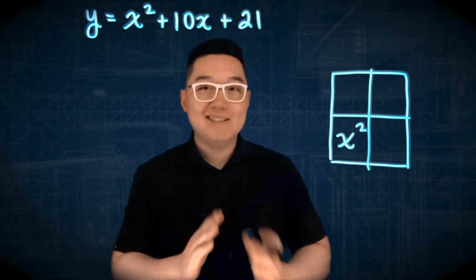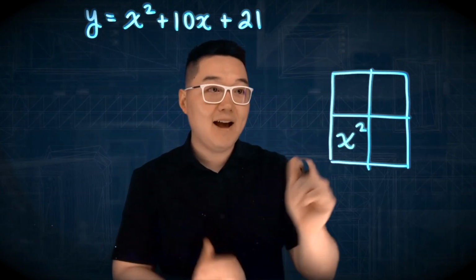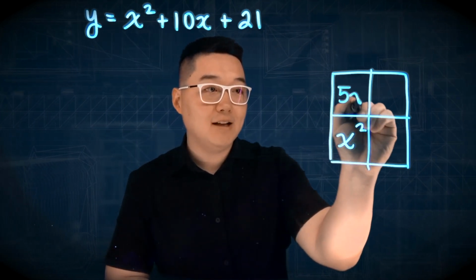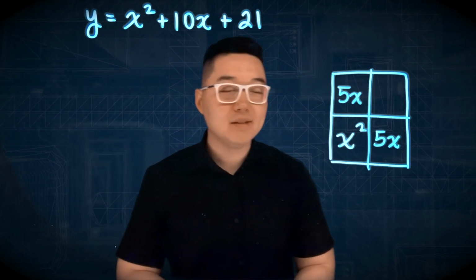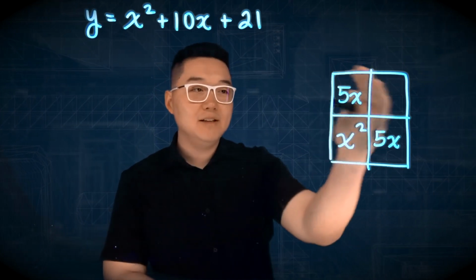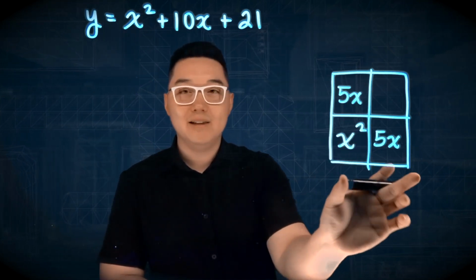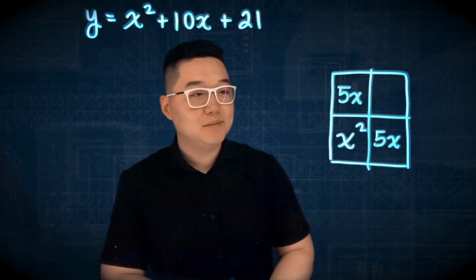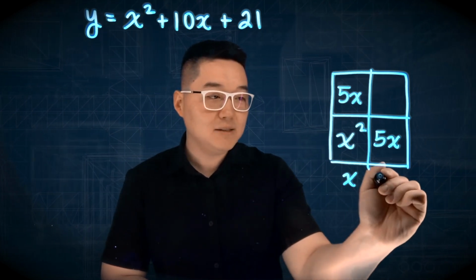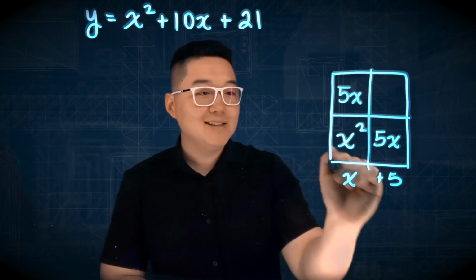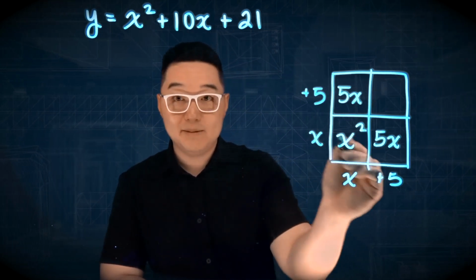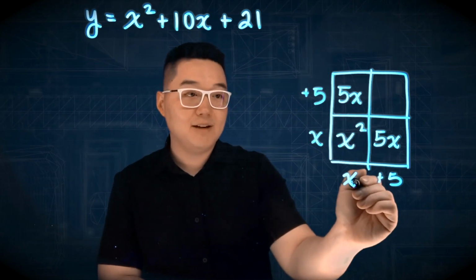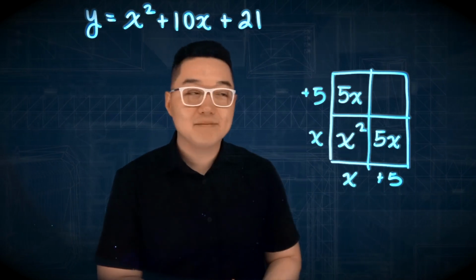So 10 divided by 2, or cut in half, is 5x stacked on the top and 5x stacked on the side. Just by looking at this diagram, I already know the length and the width of this perfect square. The length must be x plus 5 times another x plus 5. It makes sense because x times x is x squared, 5 times x is 5x, and so forth over here.